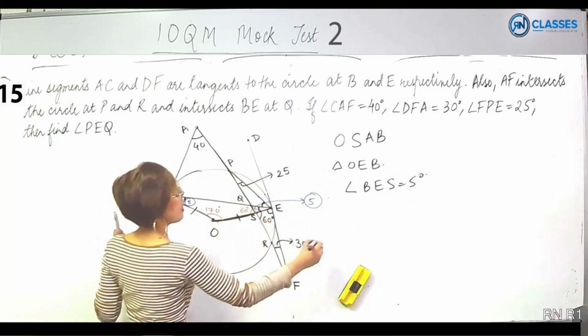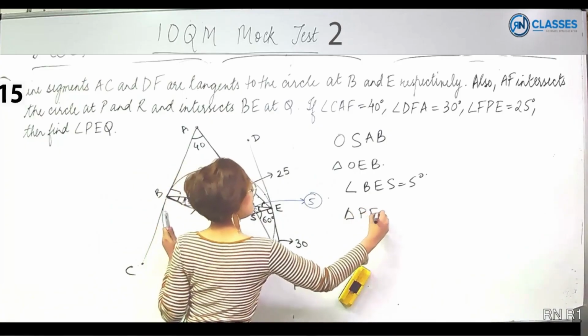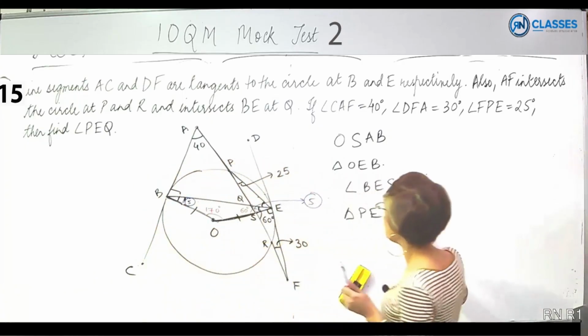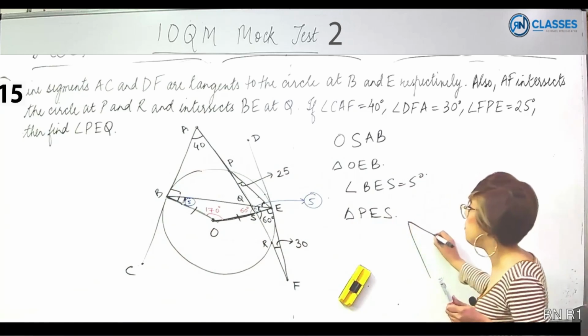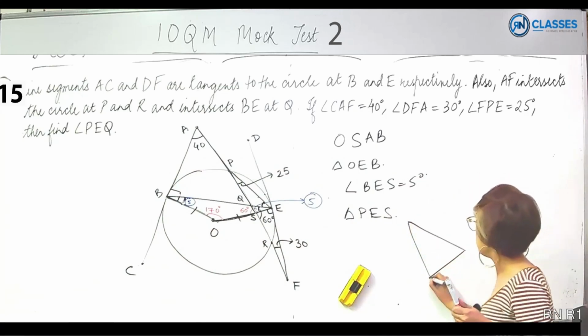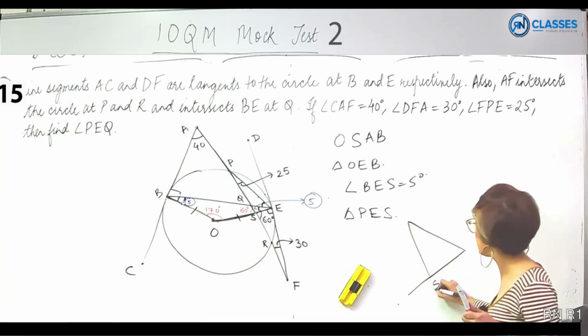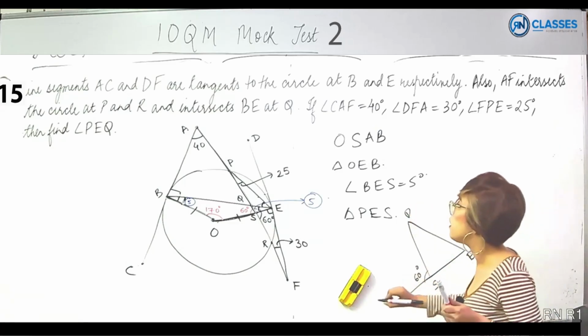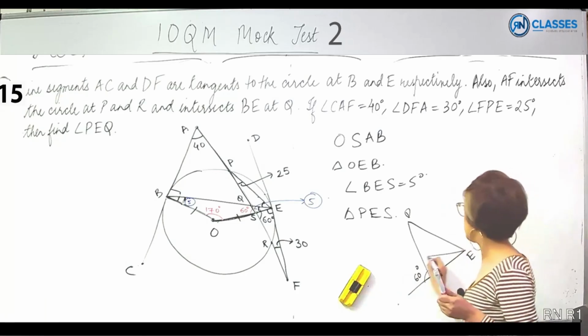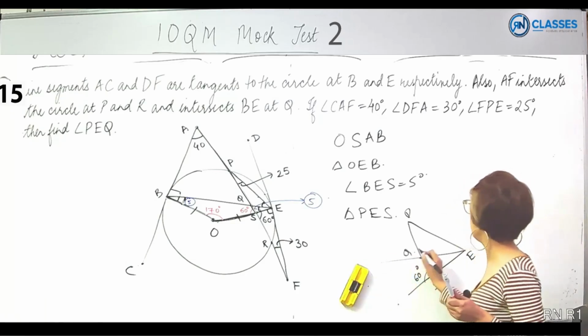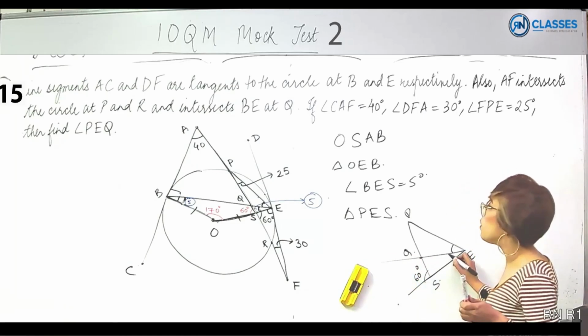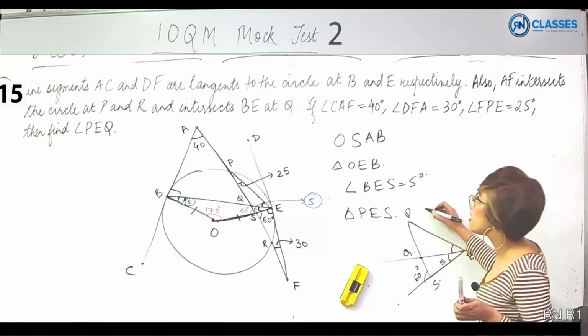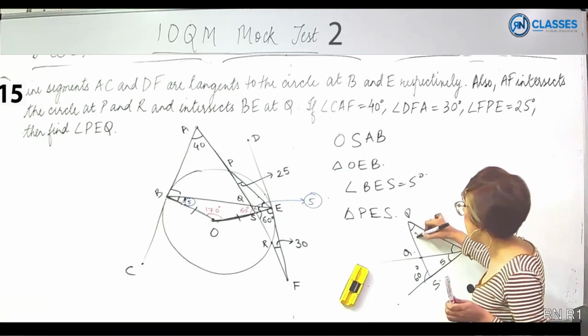Now, move to triangle PES. Let me make it for you so that it is easier. I know this is S, this is P, this is E. This angle is 60 degrees. I am interested in this angle, EQS. I already know that this is 5, and this is 25, which I have not used till now.